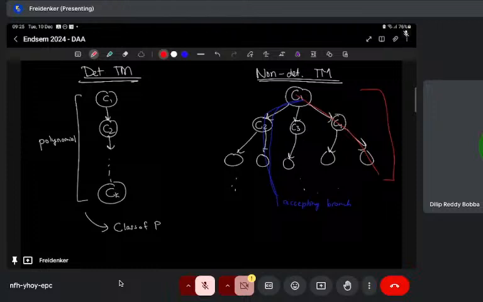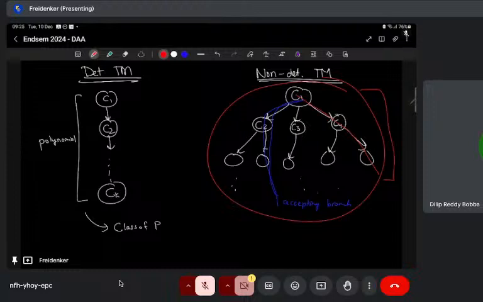That means you have an efficient verifier. You're doing some process to verify if the answer is right or wrong, and you're doing it in polynomial time. This is the idea behind it. I told you that such problems are kept in the class NP.